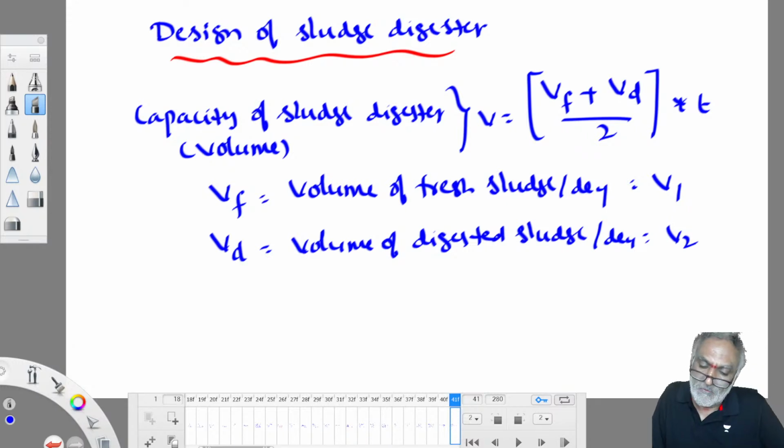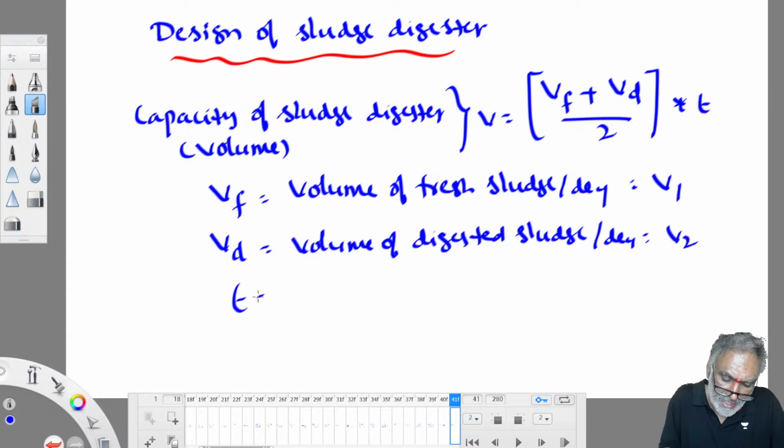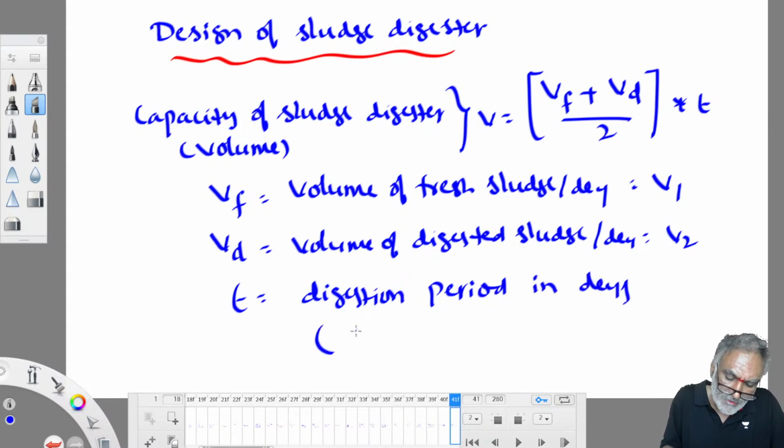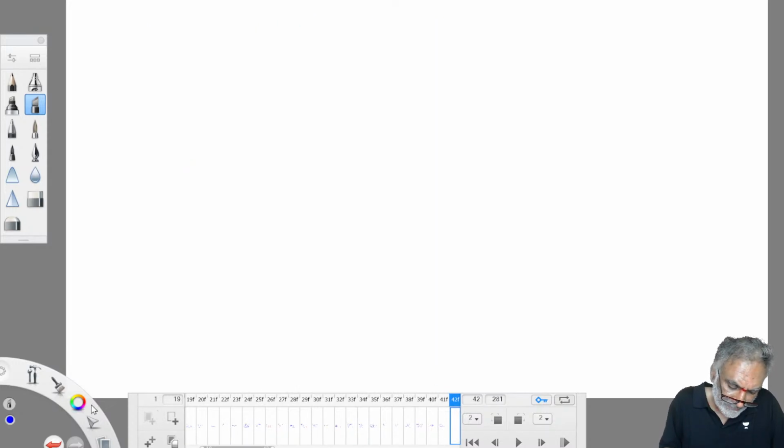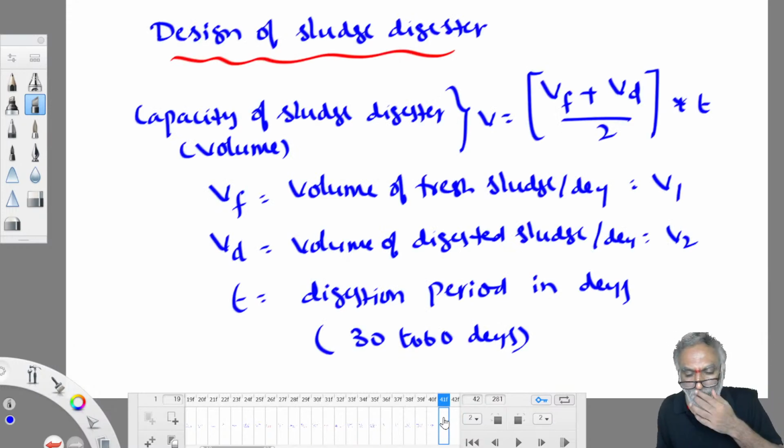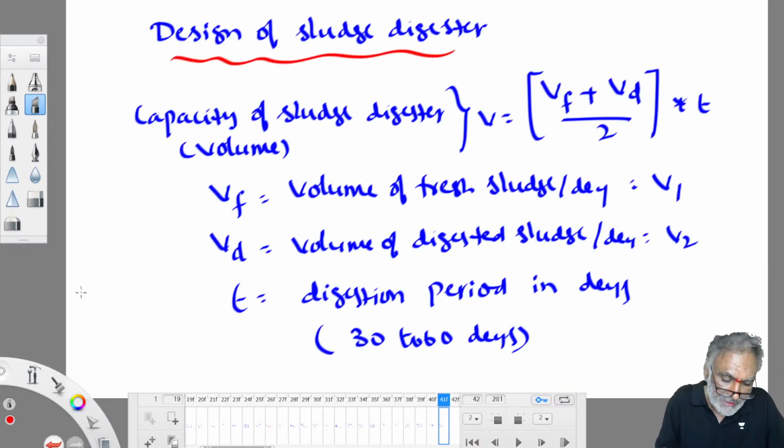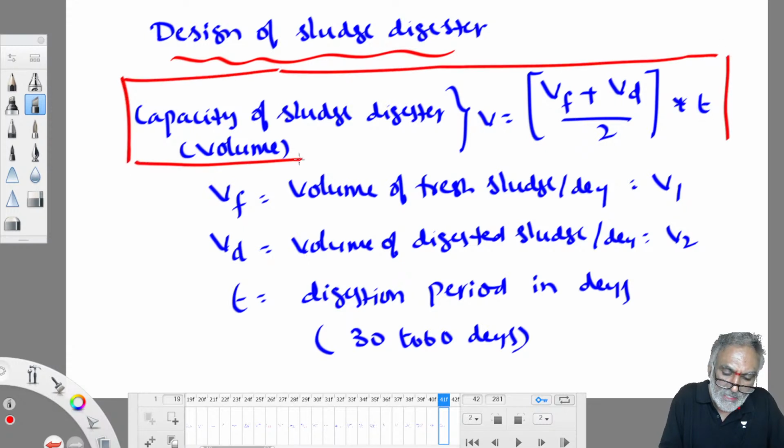From that you can work out Vf and Vd, and T is known as digestion period, in days. This T value normally ranges between 30 to 60 days. Based on temperature we decide. Anaerobic system takes its own time. This is the capacity of the sludge digester. Fixing that capacity is known as design.